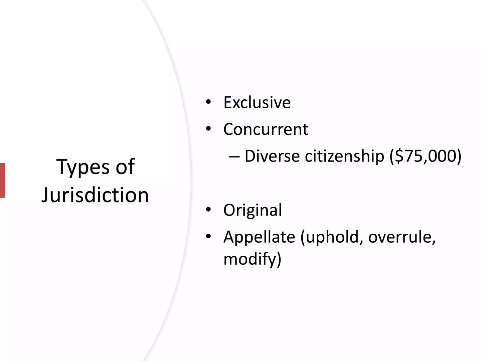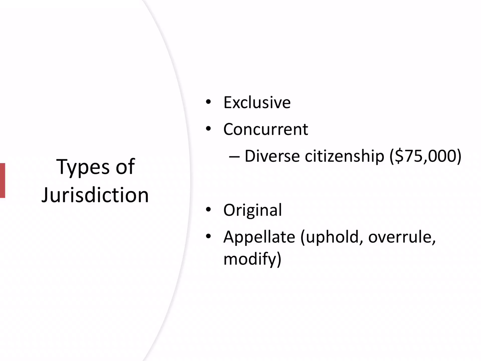Okay, appellate courts do not retry cases. They look at the original case and the verdict to determine if due process was followed or violated. Appellate courts can uphold a verdict, which means that whatever the lower court decided stands. They can overrule or nullify a verdict, and that means the appellate court has decided that the original verdict is flawed in some way and should be reversed.